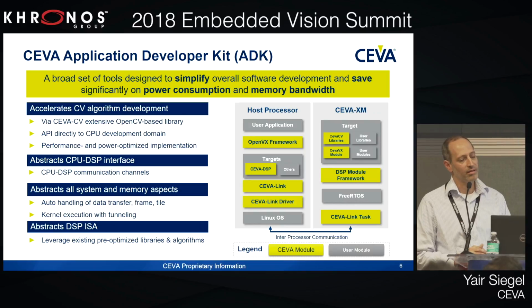So essentially the idea is to take an OpenVX framework and repurpose it to the target of the CEVA DSP. So we have a VX wrapper underneath the framework, and then send it from the CPU side through a dedicated mechanism which we call CEVA link to the XM processor, and there we have also VX wrappers, and eventually it is mapped either to the CEVA computer vision libraries or to developer libraries, which are also optional.